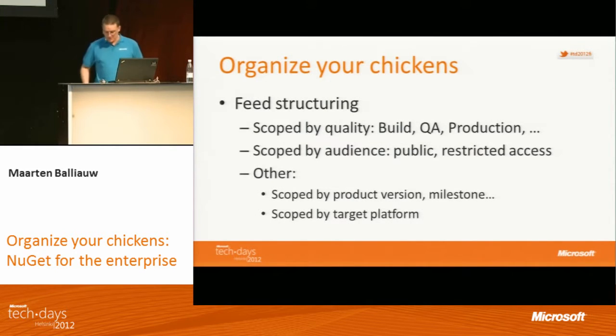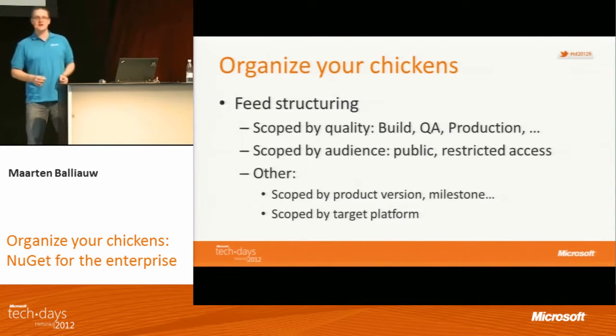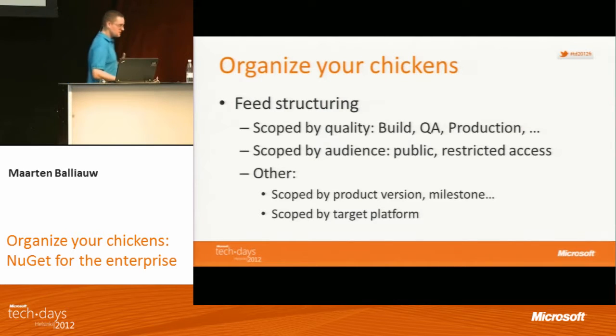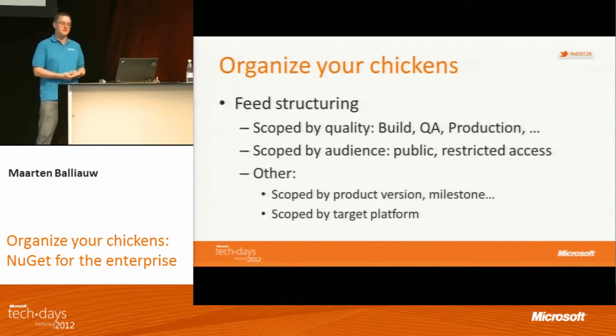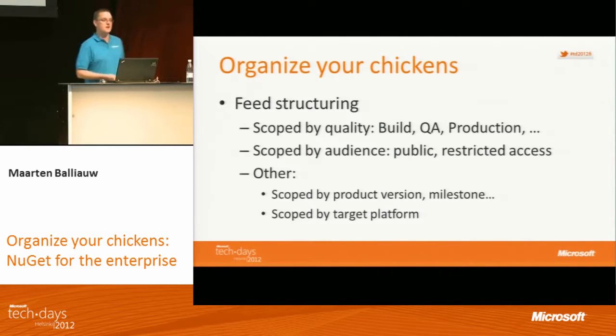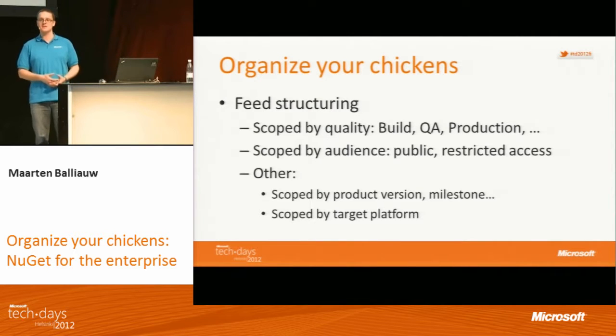Okay, now organizing your chickens. I told you NuGet.server is a bit limited because it has only one feed. A question may be, why do I need more than one feed? It's all up to you. What you can do is have just one feed containing all the packages you want. No problem. But what I typically do is create a feed per project, or create a feed per branch, or create a feed per team, or something like that.